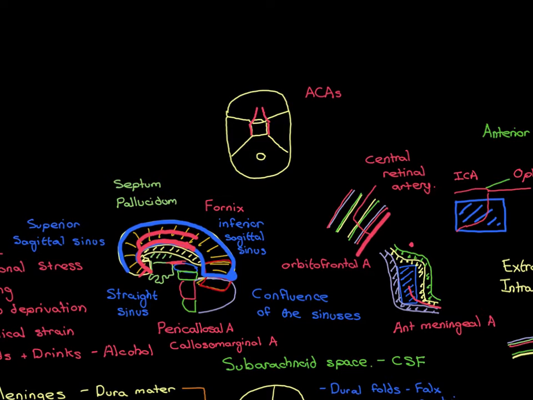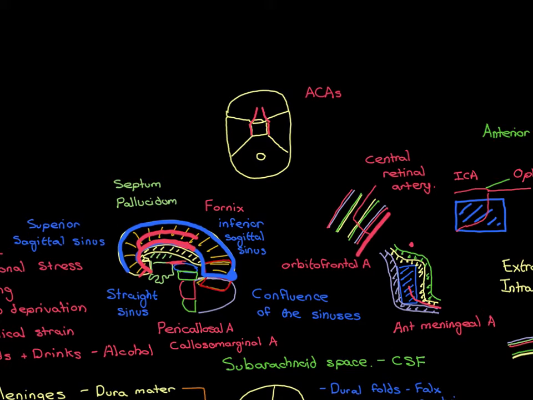So you can very easily connect these two with a little branch, and that branch will just run through the subarachnoid space. So what I'm trying to convince you is that these are in a connectable container, basically. You can produce a branch off one of the anterior cerebral arteries and connect it to the other without leaving the subarachnoid space.